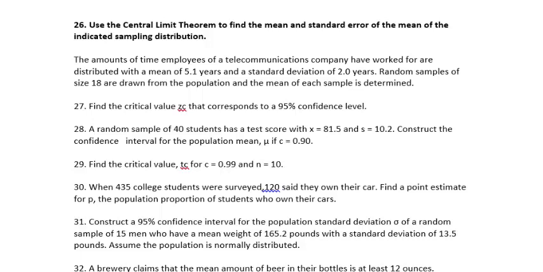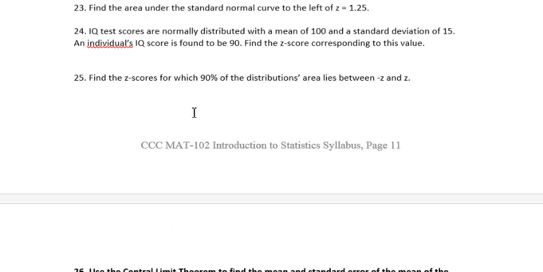Here you're looking for a confidence interval, which means you want it to be that far away from the mean. A 95% confidence level means that on the scale of 0 to 100, it has to encompass 95 points, so it has to start at 2.5% and end at 97.5%, kind of similar to the one that we did before, number 25.